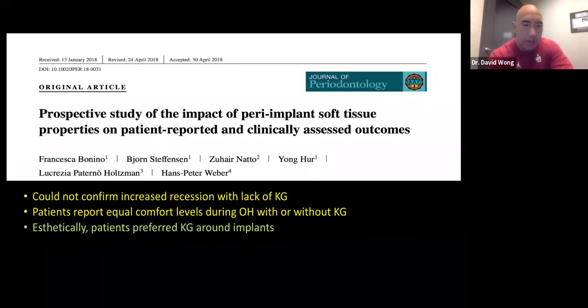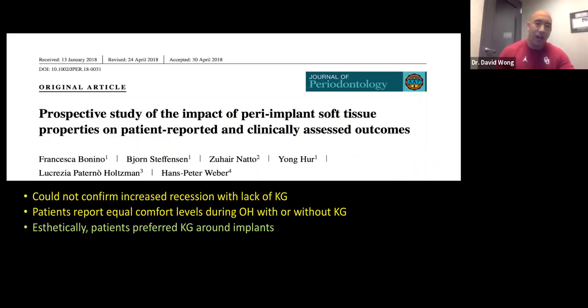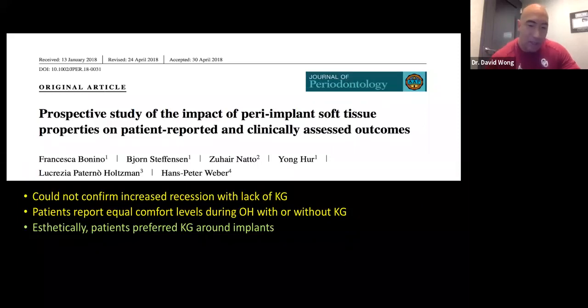This is an interesting study as well, looking at J Perio, where not having enough keratinized gingiva did not confirm increased recession, and also did not change the way patients had pain or anything like that. Aesthetically, though, what was interesting is that patients preferred keratinized gingiva around implants, and we're going to go back to that. So remember that.